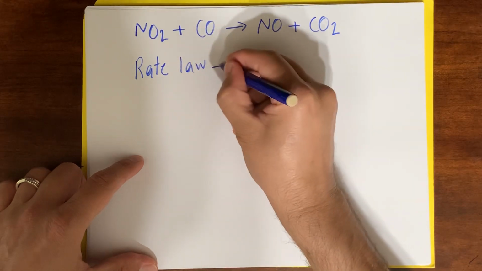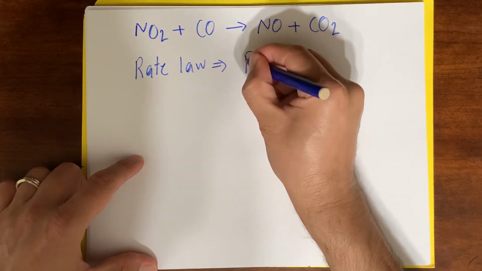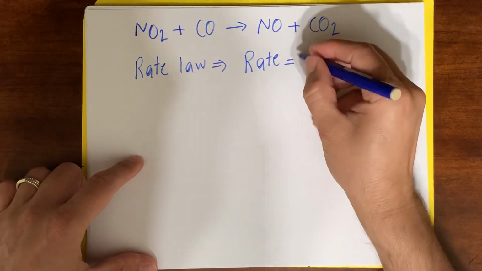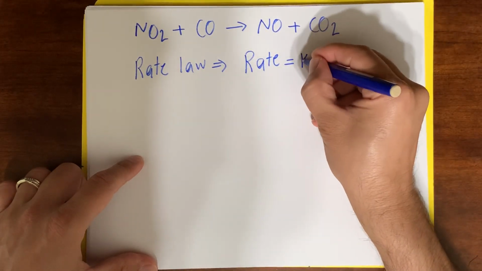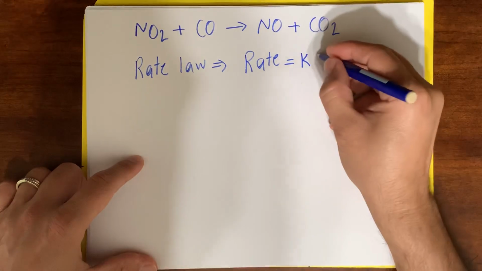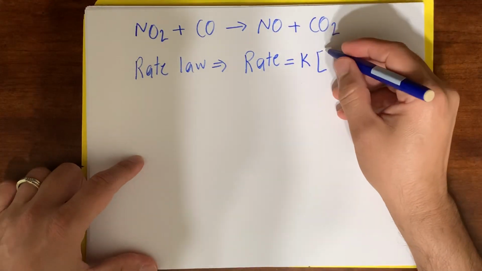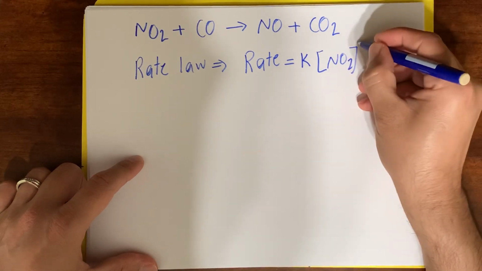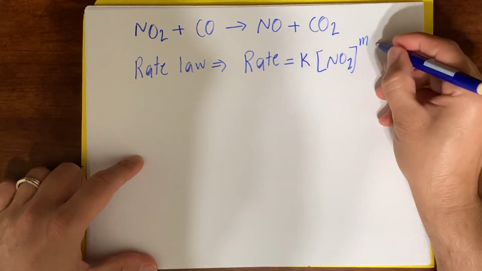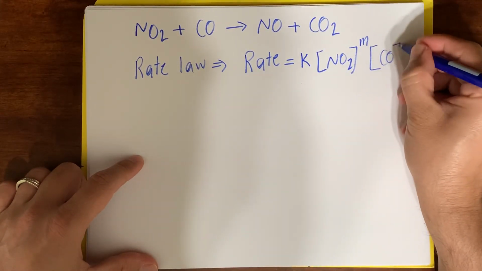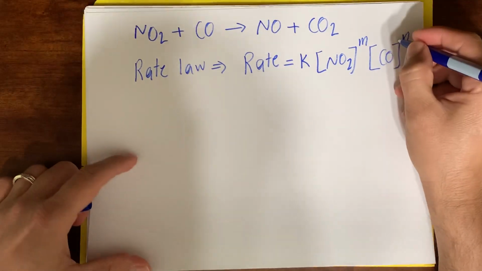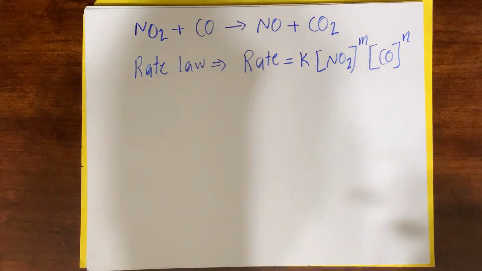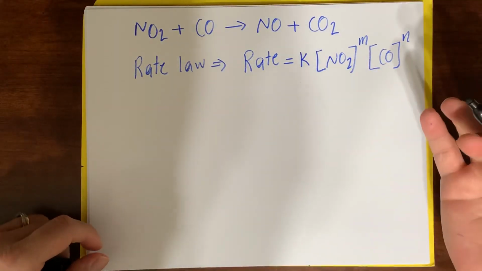Rate law for this reaction is equal to, we say rate equal to a constant number, we call it K, the rate constant, multiplied by the concentration of reactant NO2, you give it an exponent, and CO, again, you give it an exponent. M and N, we have to find them through an experiment.